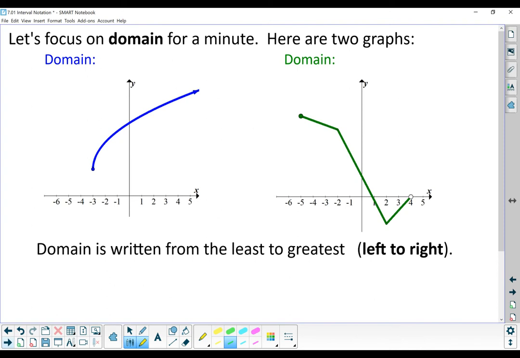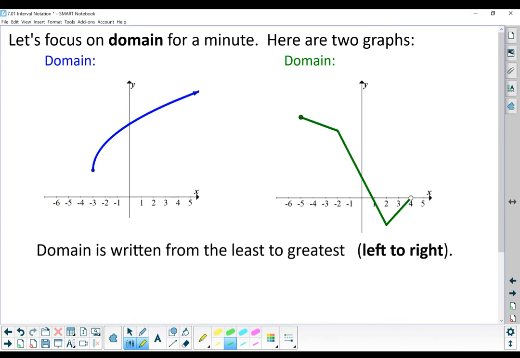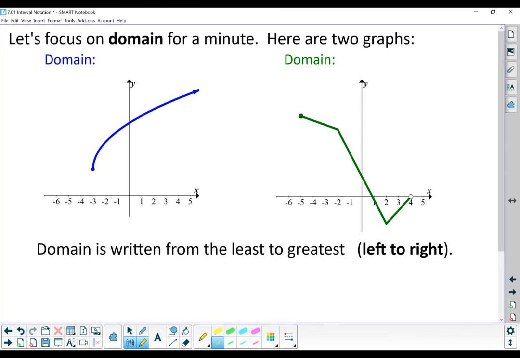So first, we're going to only look at the domain of these two graphs. And you can see that I actually even removed the numbers from the y-axis because I wanted you to just focus on the domain values. So when we write domain, we write it from least to greatest or from left to right on the graph. And I'm going to highlight a little bit to help you focus in on the numbers, but it looks like the graph is starting here and it swoops up and over.